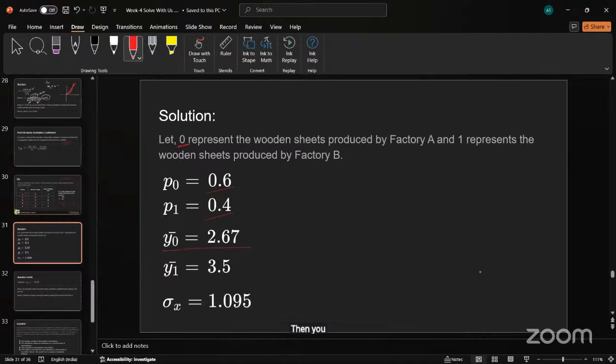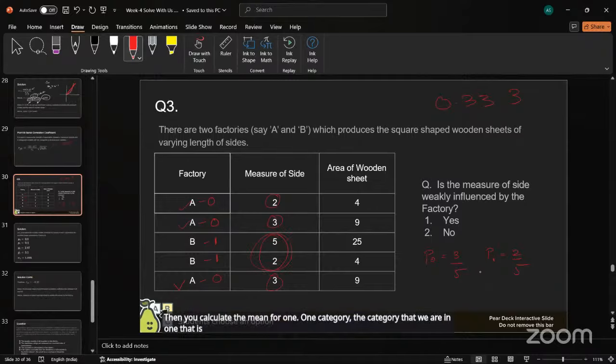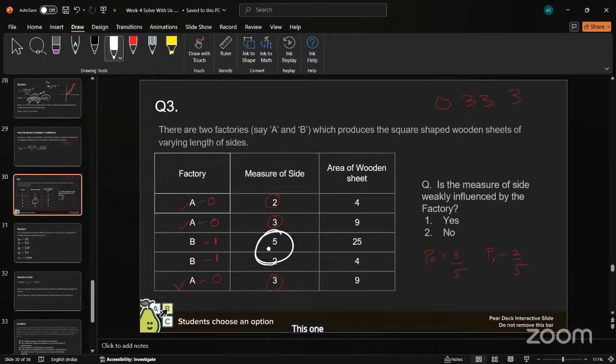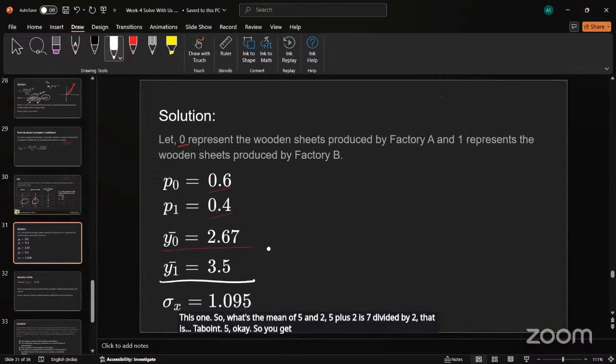Then you calculate the mean for 1, the category that we assigned 1, that is 5 and 2, the B's. 5 plus 2 is 7, divided by 2, that is 3.5. So you have calculated four things: the proportion of 0, the proportion of 1, the mean for the category we allotted 0, and the mean for the category we allotted 1.